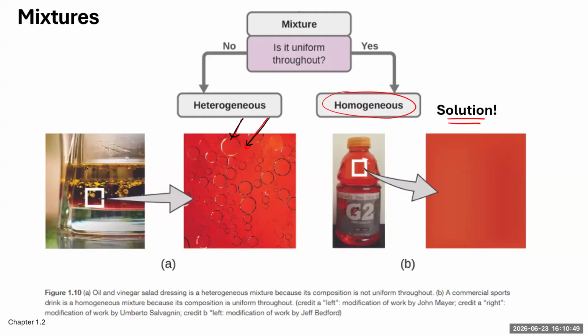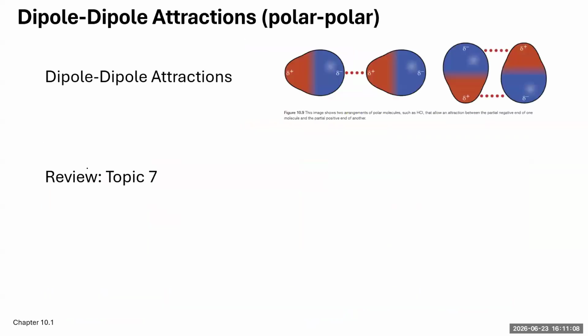So if it looks like two things, like salad dressing or sand and water, it looks like two different things. They're not solutions. They're not homogeneous. Sorry, homogeneous.